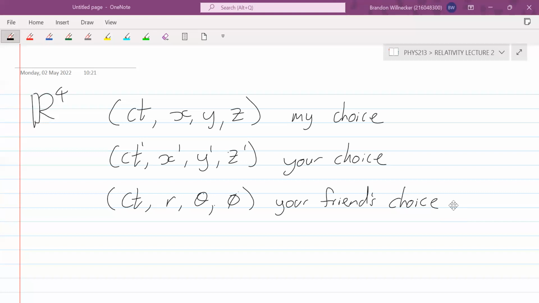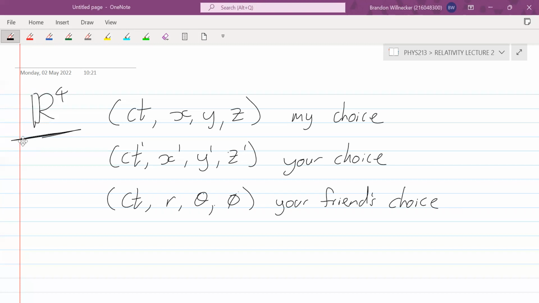That's something like between the unprimed and the primed in these first two cases. Of course you could go from Cartesian to spherical, but that would be another type of coordinate transformation. But all of that is just labeling our points in space-time, which we model with R4.